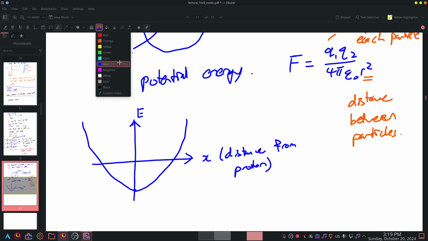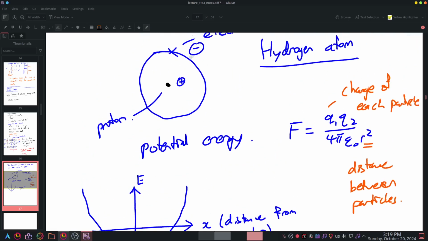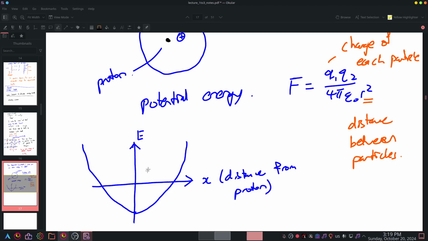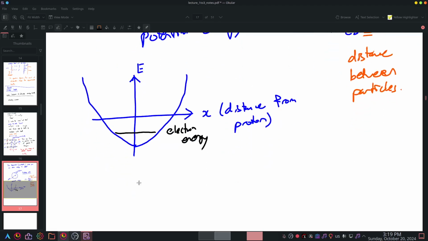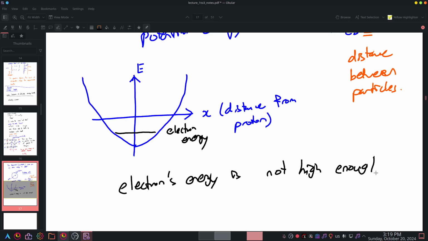Now the electron here has a specific energy. Let's say here is the electron energy. This electron's energy is not enough to escape the proton.